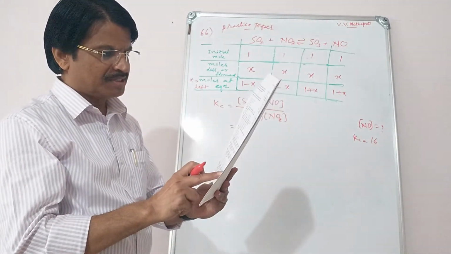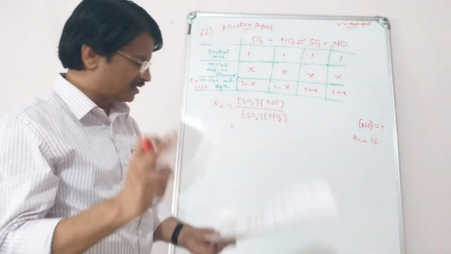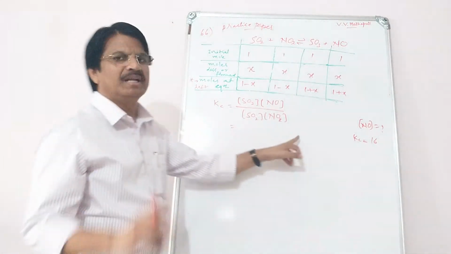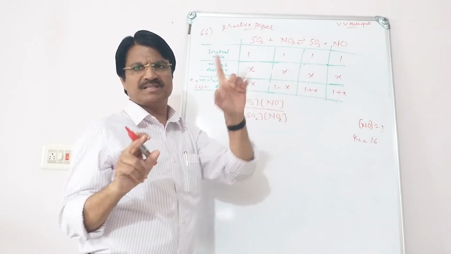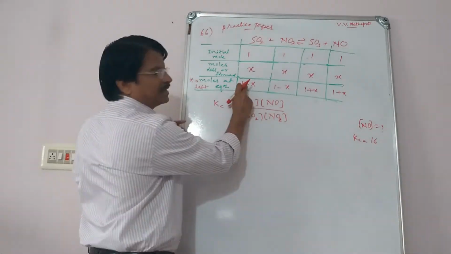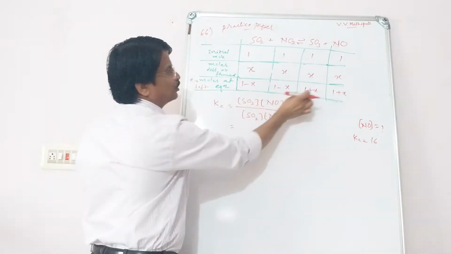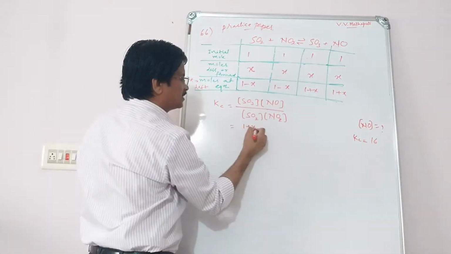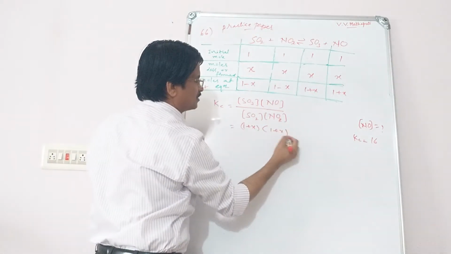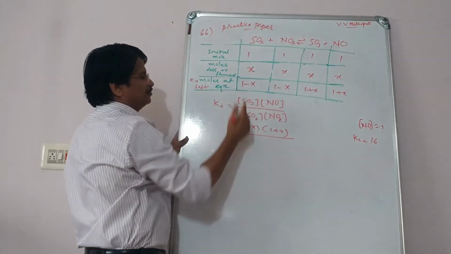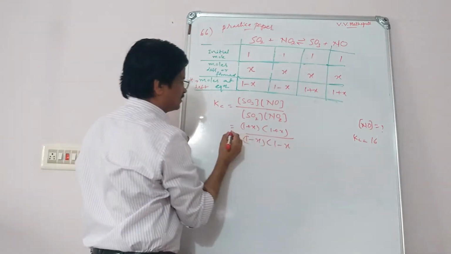Here they don't mention 5 liter or 10 liter, but they give a 1 liter container. Therefore n by V, with V value 1, so consider 1 minus x by 1. So SO3 is 1 plus x, NO is 1 plus x, SO2 is 1 minus x, NO2 is 1 minus x.